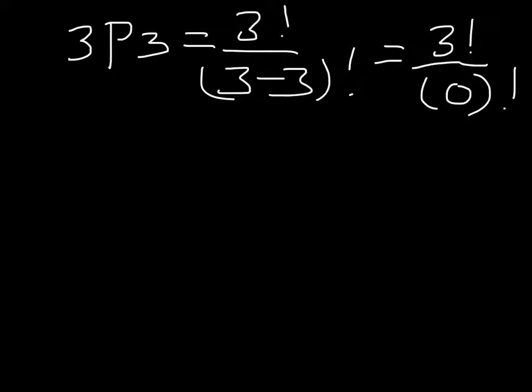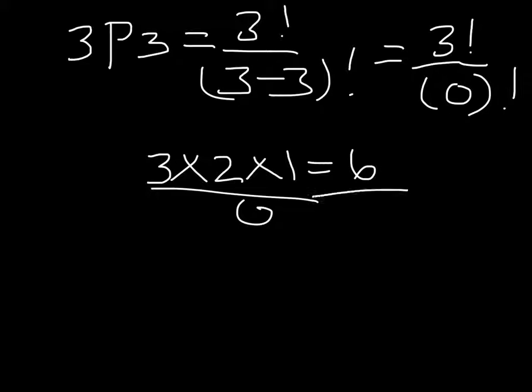But now all you have left on top would be 3 times 2 times 1, which would just be 6, because on the bottom it's just 0 factorial, which is 1, so it would just be 6. Now you've got your universal set, and now you've got the permutation of the US winning 3 medals in the event. So on to our next step.